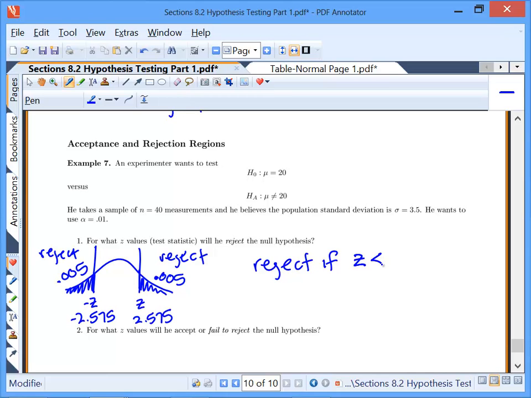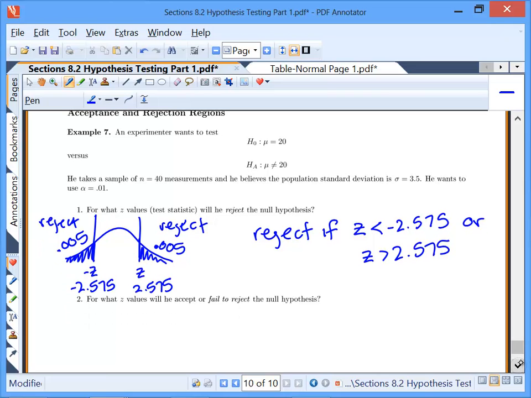Z is less than negative 2.575 or Z is greater than 2.575. So that is when you reject.